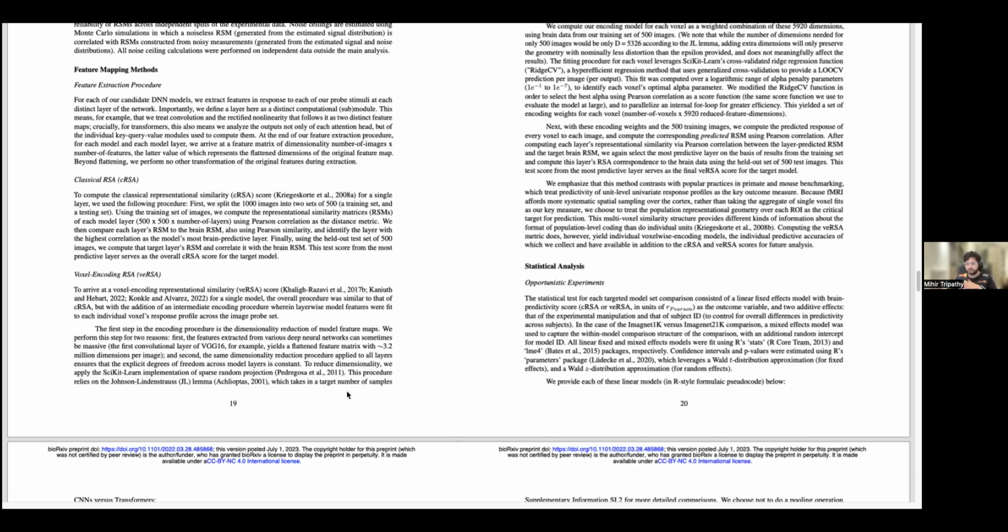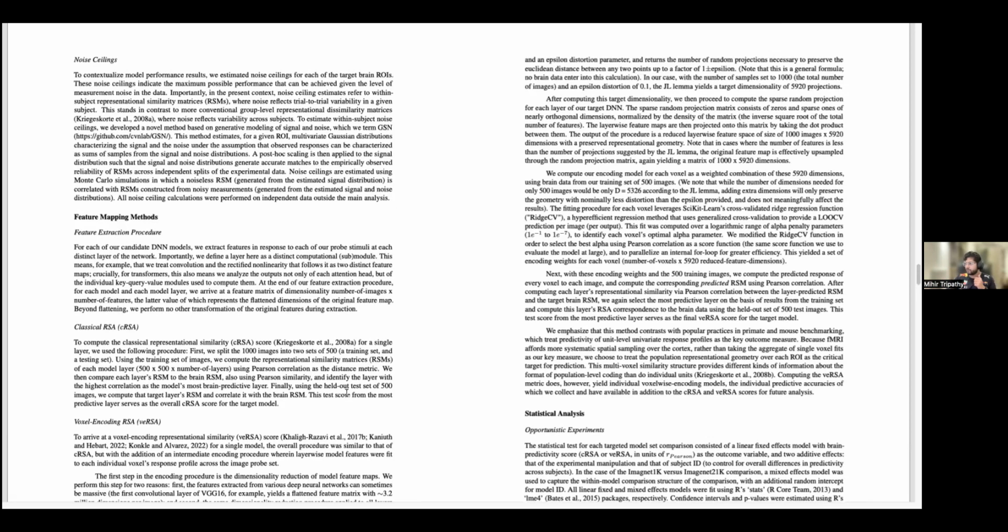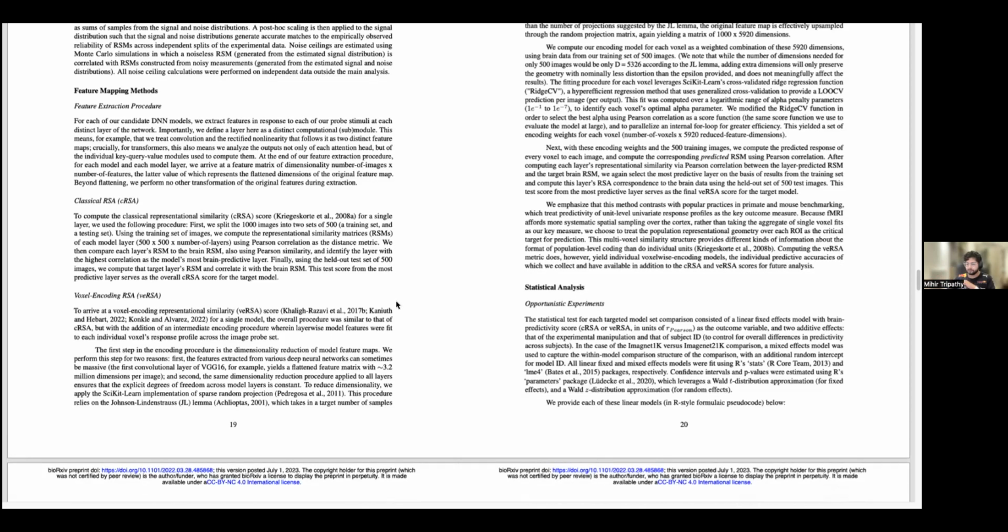So they reduce it down to a target dimension, and after that they compute the sparse random projections for each layer of the deep learning model. So reducing the dimensionality is the first thing they do. I think that's what they use to equalize the dimensions between the brain voxels and the image latents.